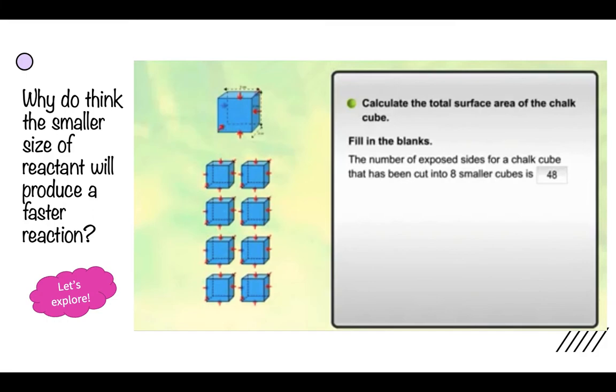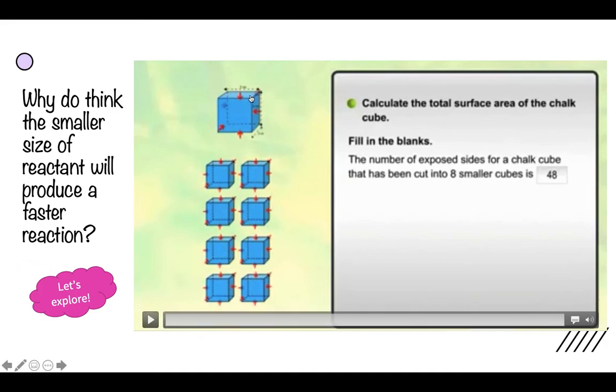Alright, so faham tak? Ini explanation based on the size or surface area of the reactant. Ambil contoh macam ni je lah. Kalau kita ambil one bigger size of this cube, dia ada 6 kan surface area exposed to collision. 1 from top, bottom, 2 from sides, 3 and 4 from at the front, 5 and 6 at the back.